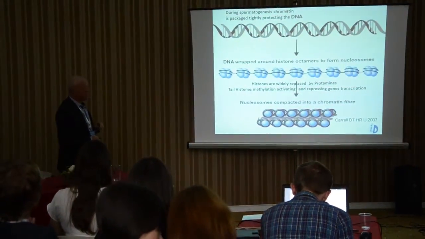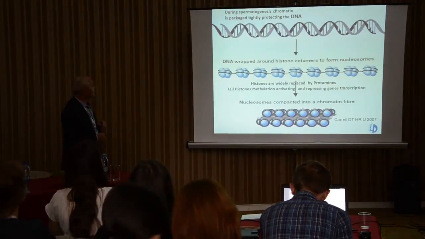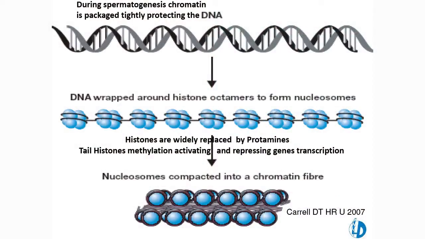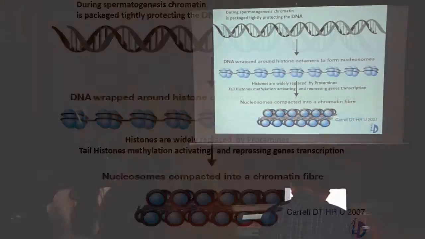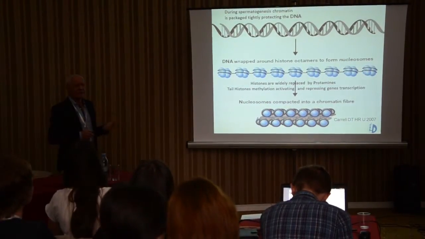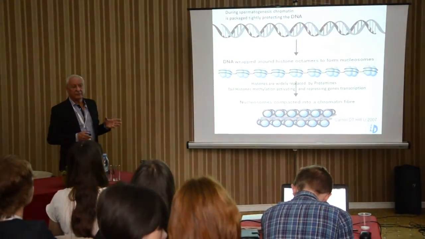Now this is what happens during spermatogenesis. There is packaging of all this DNA, and all the histone is replaced by protamine. There are a lot of meiosis, mitosis, and different enzymatic systems in the cytoplasm.